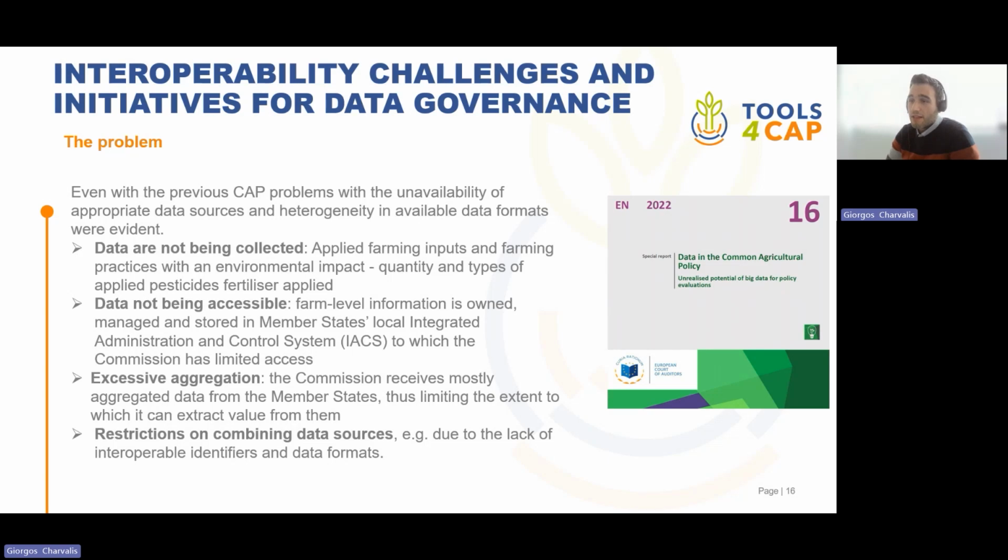Another issue is that there could be excessive aggregation, so we get national level indicators that do not show how the picture is in specific areas. So we lose granularity. And there are also restrictions on combining data sources due to lack of interoperable identifiers and data formats.